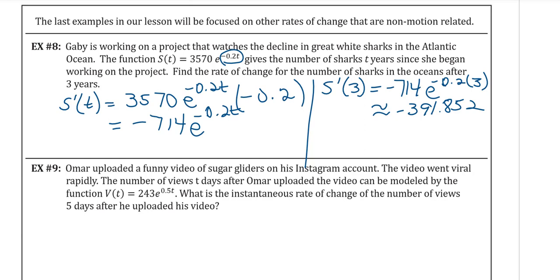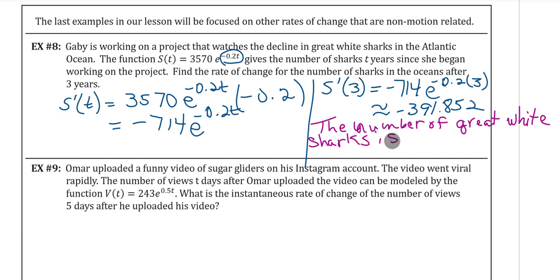So we can say the number of great white sharks is decreasing at a rate of 392 after 3 years.